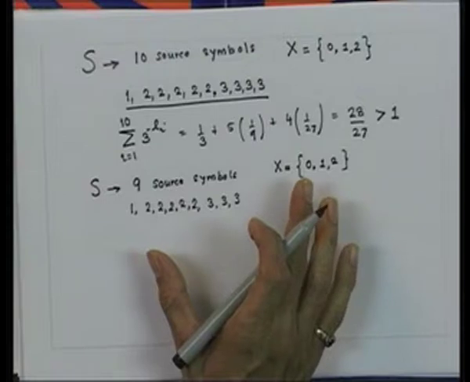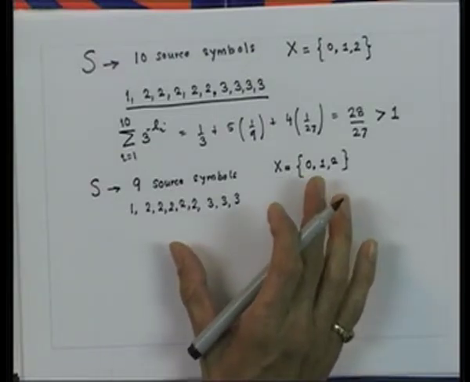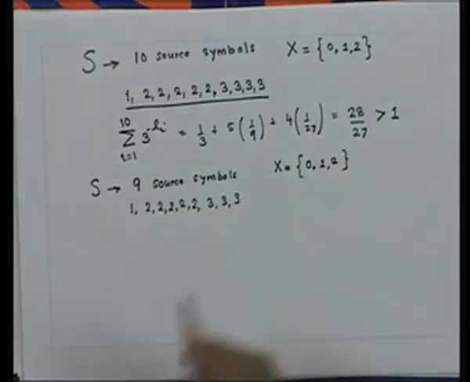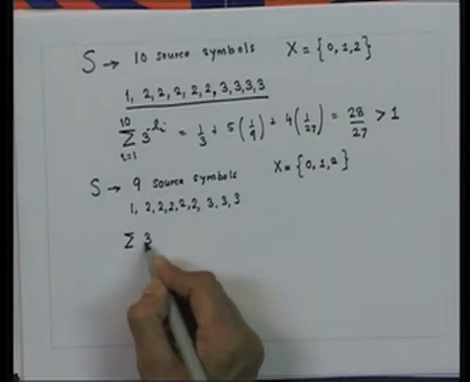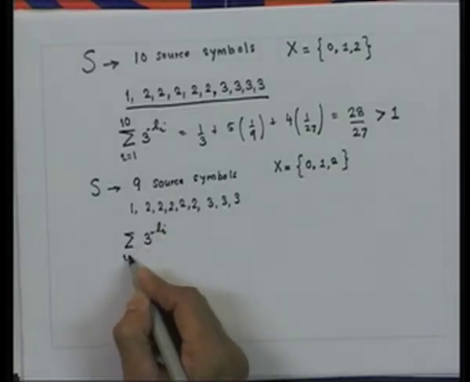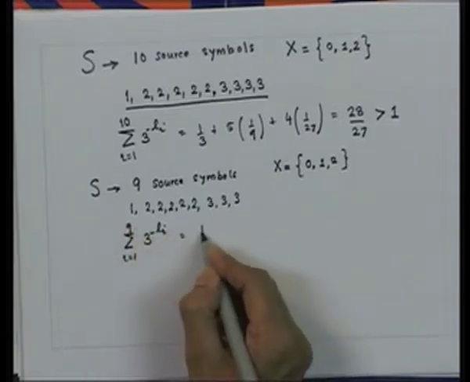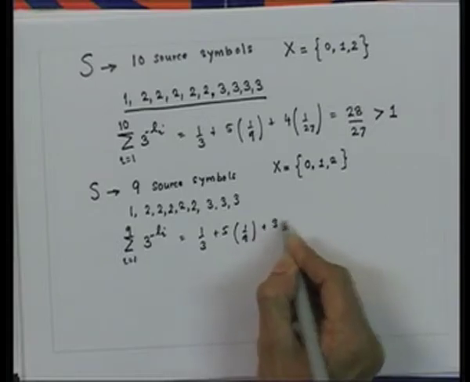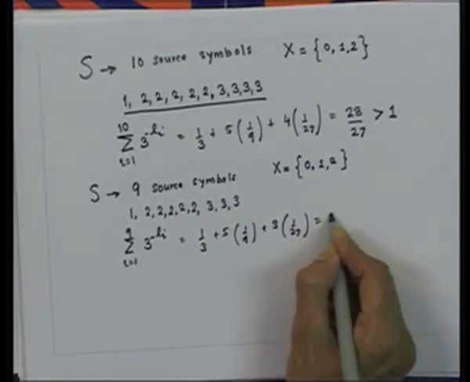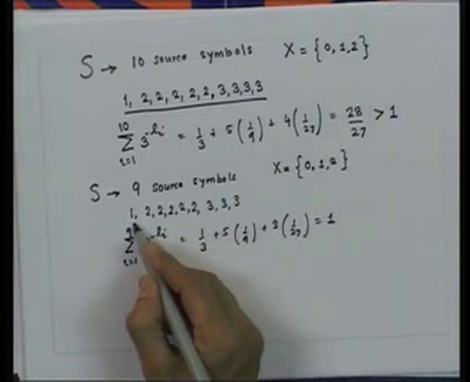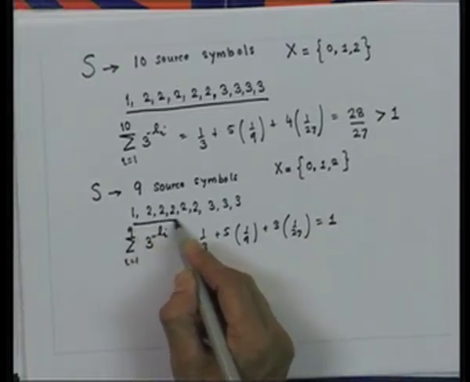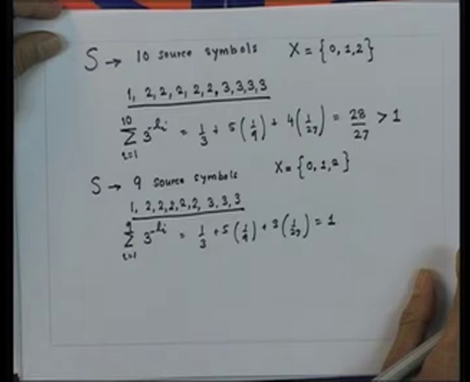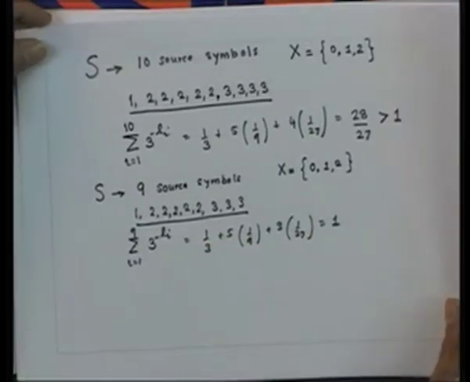Before we start designing an instantaneous code, it is essential to check whether this set of code word lengths satisfies the Kraft inequality. So, let us do that. If you substitute the values into this expression, we get this to be equal to 1. So, what it implies is that it is possible for me to design an instantaneous code with this set of code word lengths. So, let us do that.